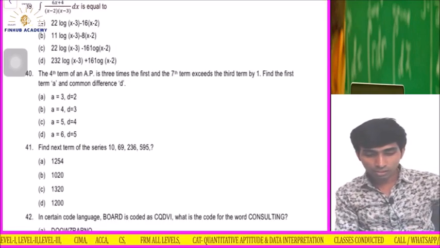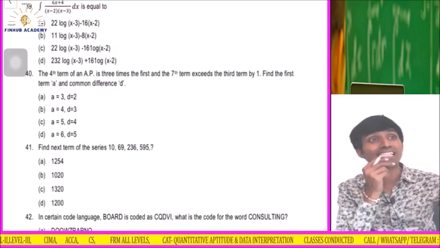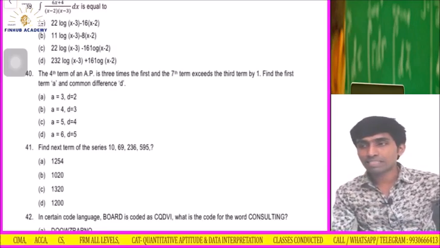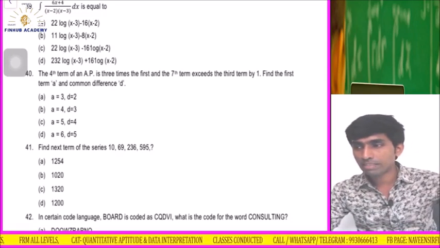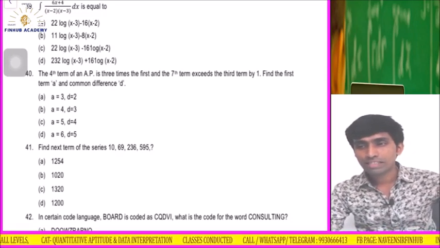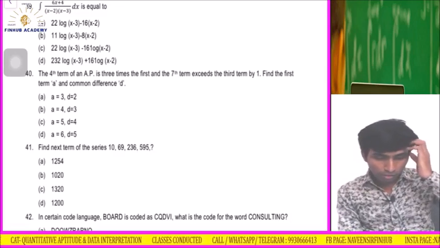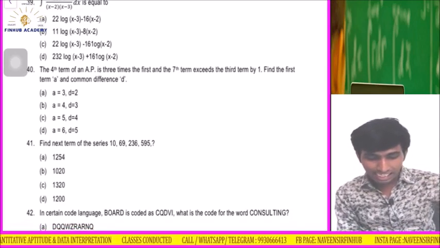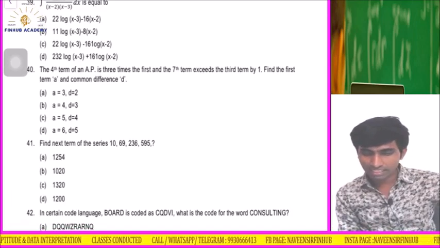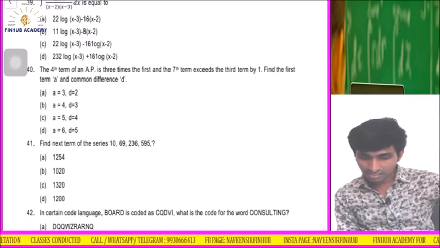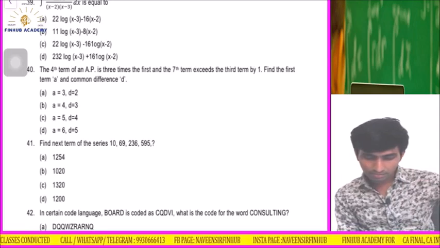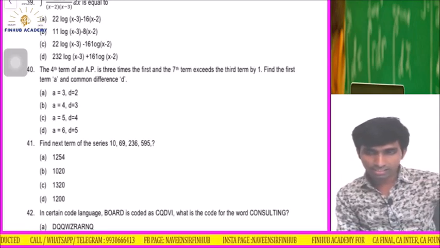I've left all the questions, only the 40th question, it is AP GP, and there is some mistake I think in this question. The fourth term of an AP is 3 times the first, and the seventh term exceeds the third term by 1, find the difference.